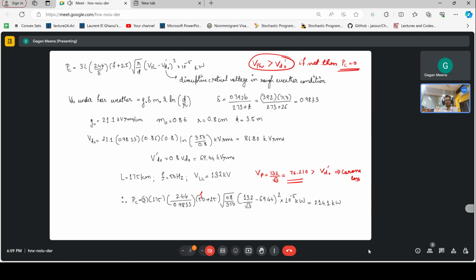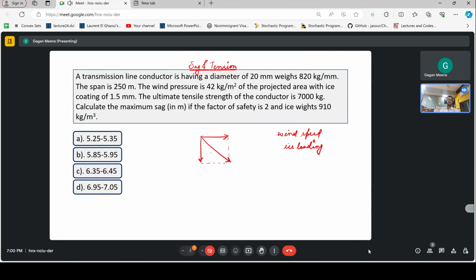So resultant sag will be like this. So vertical sag will be in that case S cos theta. So this is theta. Wind pressure is given on the projected area with ice coating of 1.5 cm.